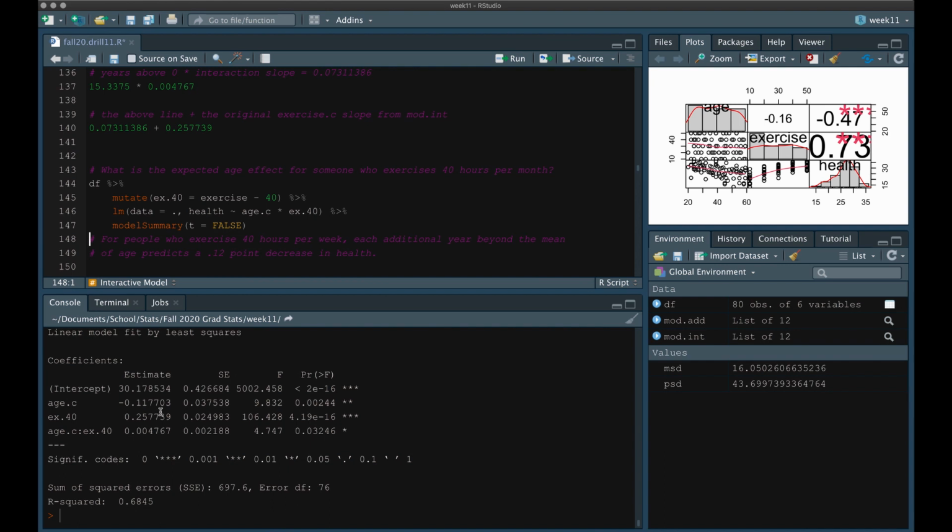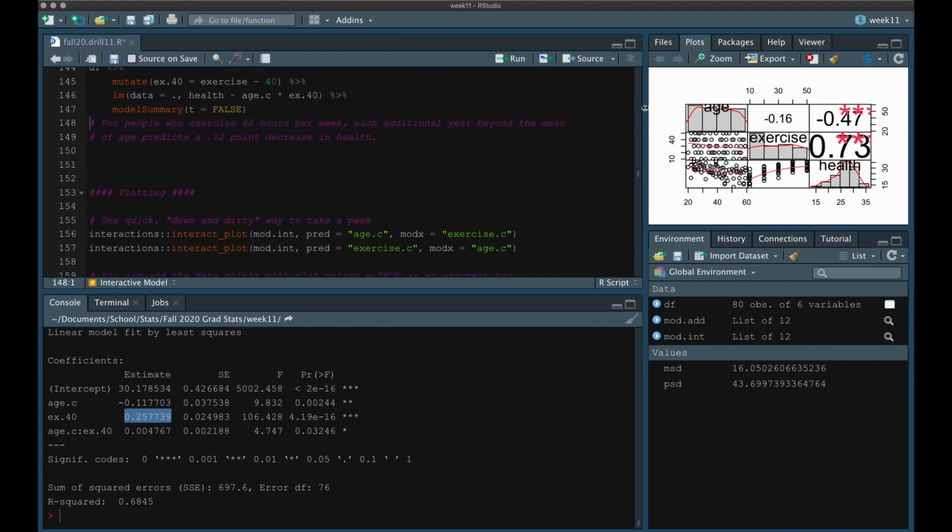When we look at that, we see a decrease of 0.12 points in the health scores for each year beyond 40 for somebody who exercises 40 hours per month.